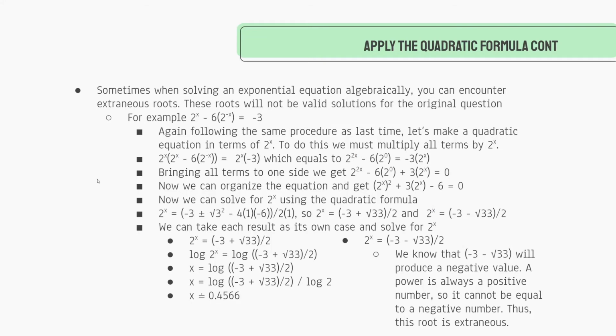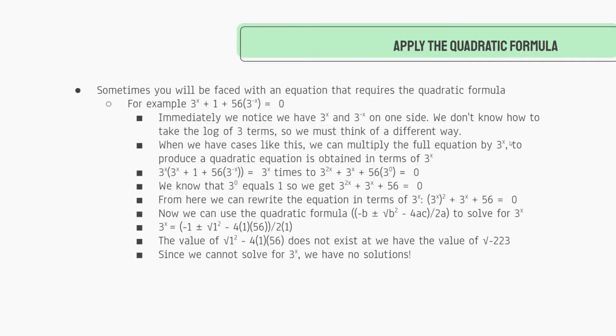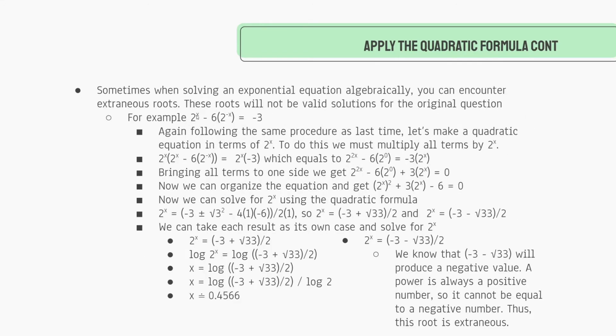So from here, again, we're going to do the same strategy as we did last time, finding out how we can express it as a quadratic. In this case, our base is 2 to the power of x. So we're going to multiply everything by 2 to the power of x. Doing that will produce this equation here.